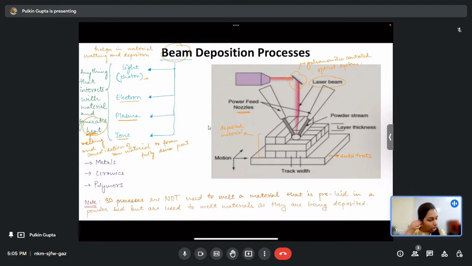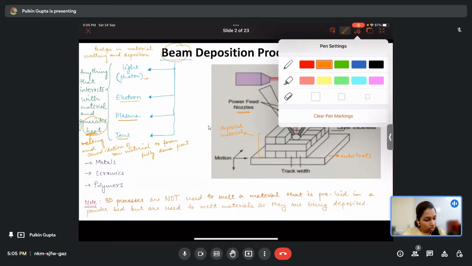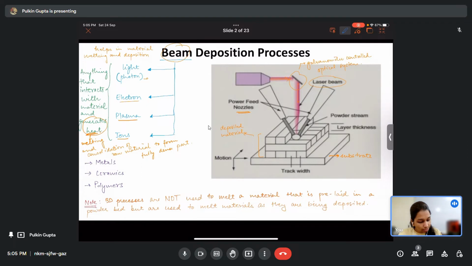We have to make sure that in beam deposition processes, it is not that there is a pre-laid layer of powder. Instead, there is simultaneous ejection of powder and laser beam. The powder is not pre-laid onto the substrate.